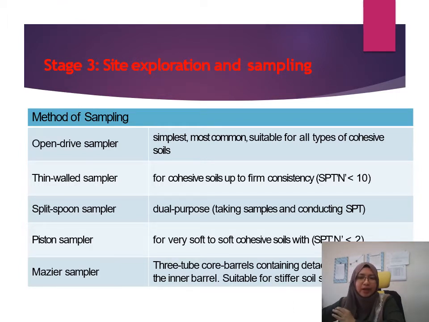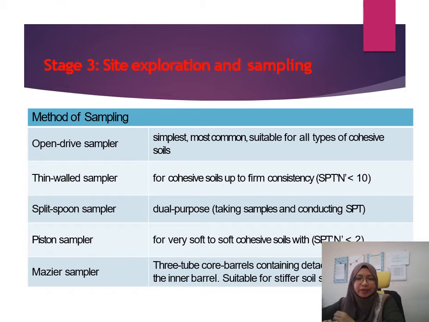Okay, and the other thing that is very important for this sampler is the disturbance. Normally for soil sample, we want the lowest percentage of disturbance. Every sampler has a percentage of disturbance of its own, right?